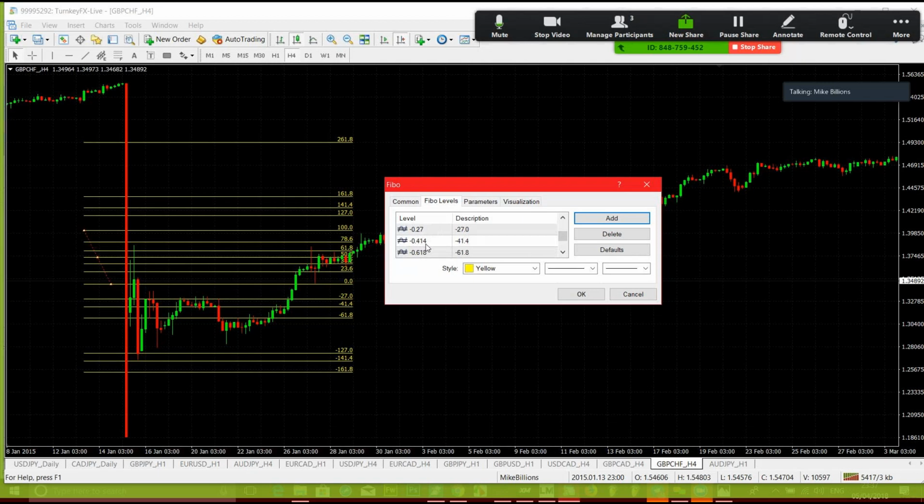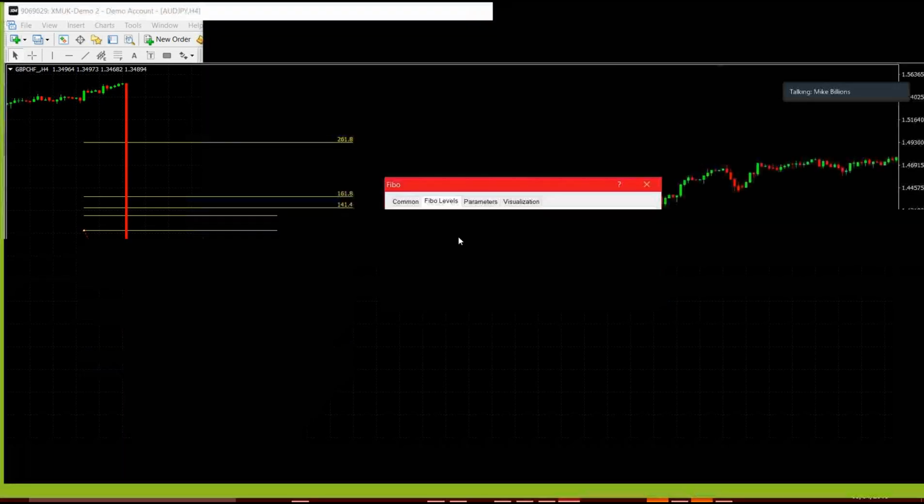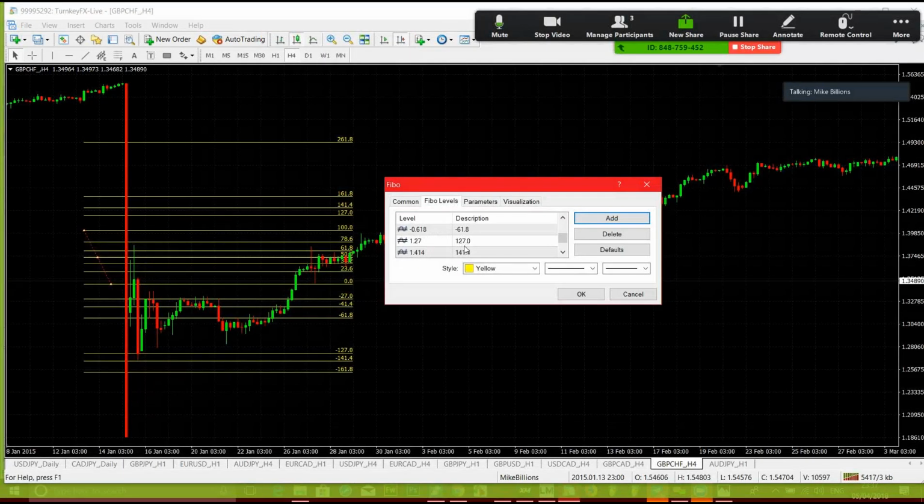The next one is minus 0.414 for level, then description minus 41.4. The next one is minus 0.618 for the level, then description minus 61.8. A few more. You have 1.27 for level, then 127.0 for description, as this one's on up here.